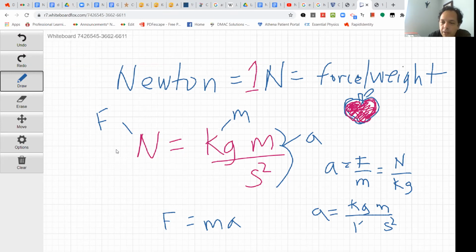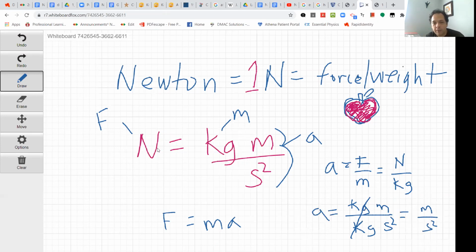So kilogram meter per second squared divided by kilogram. The kilograms cancel, and all you have left is meter per second squared. So that is correct, right? Acceleration is meter per second squared. So that's why this works out, these canceling of units.